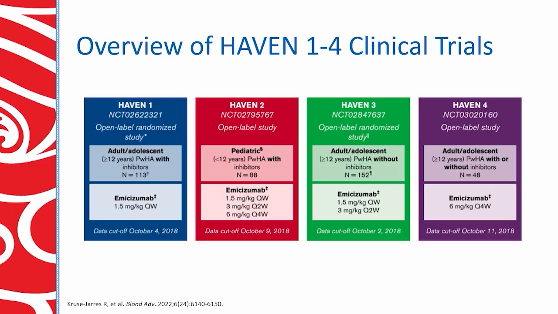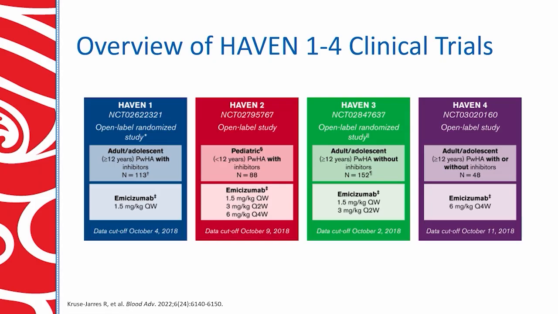As you can see, HAVEN 1, and this was expected, had to focus on patients who have an inhibitor, because clearly emicizumab was first validated in patients who have antibodies against factor VIII, and these factor VIII mimetics do offer a unique opportunity to bypass factor VIII much more easily than the classical bypassing agents such as 7A and APCC.